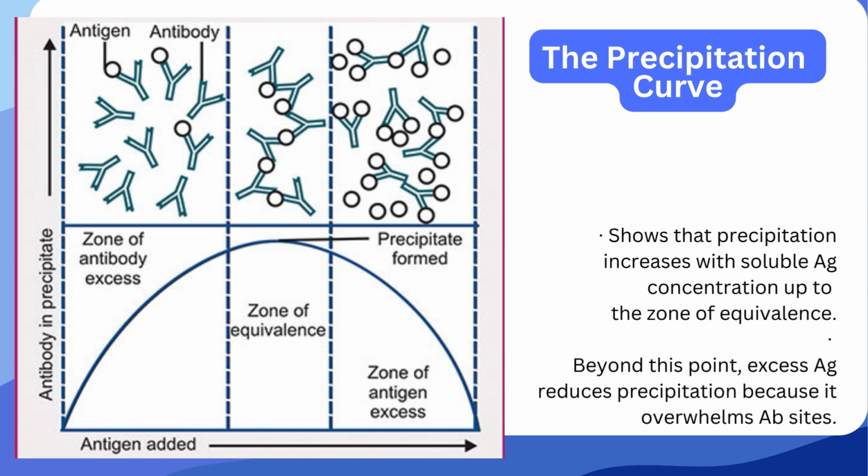Beyond this point, there is an excess of antigens: the zone of antigen excess, the post zone. And this is known as the prozone, the zone of antibody excess.